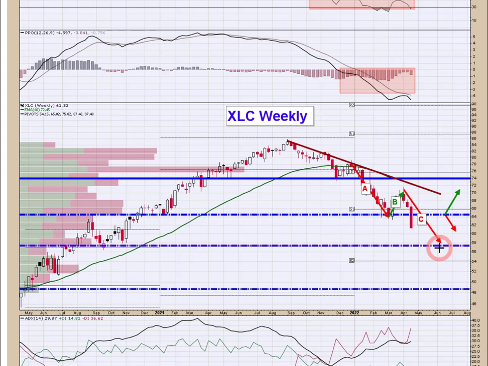And remember, we've got Google, Alphabet, and Facebook both reporting this week. So I would expect this to come down here.